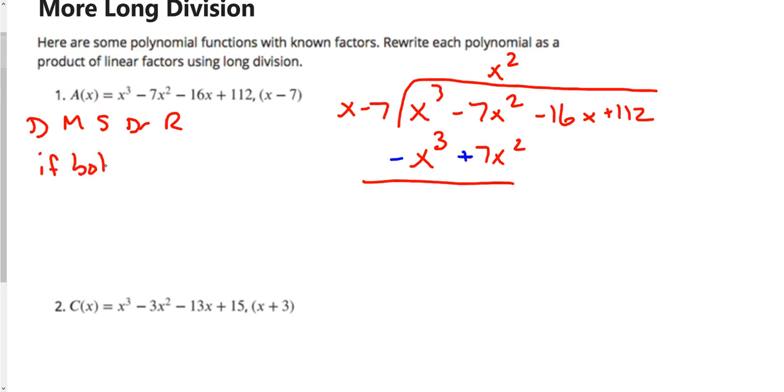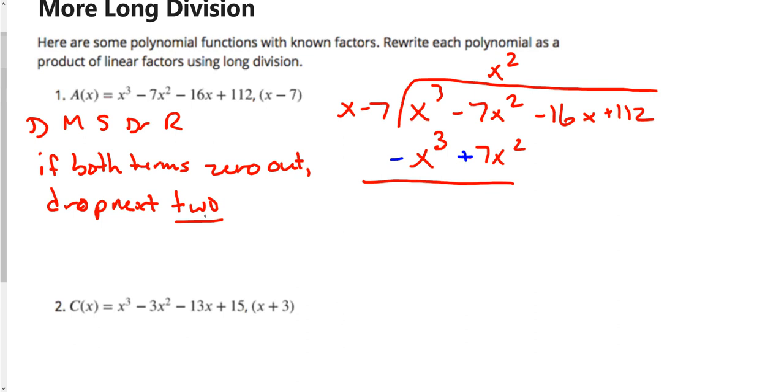If both terms drop or 0 out, then drop the next 2 terms. Because if you drop a single term, there's still no need.